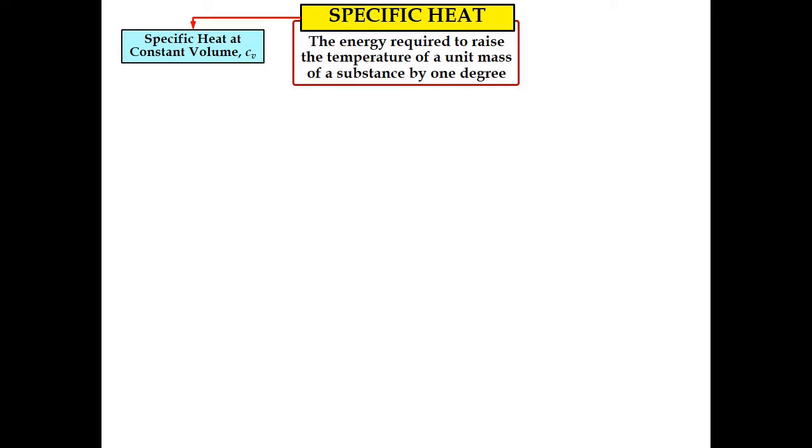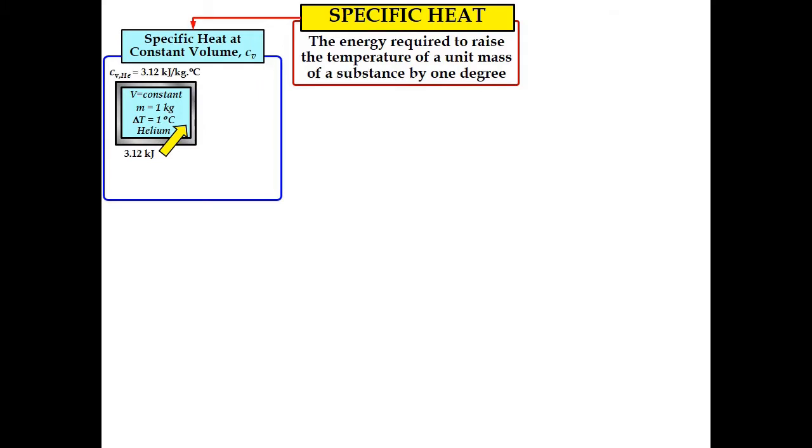So there are two types of specific heat. First, we have specific heat at constant volume, represented by the symbol CV. In order to describe the experiment to obtain the CV value, we have a rigid tank. Let's say for example this one is for helium.